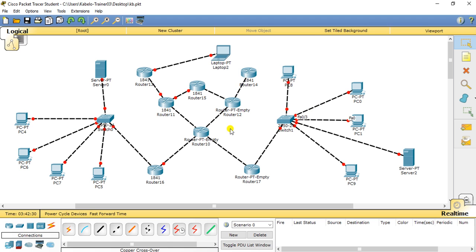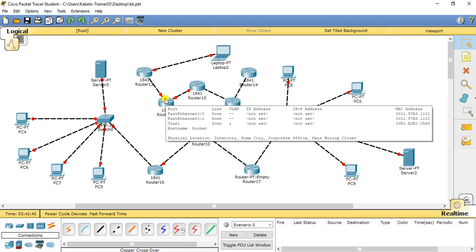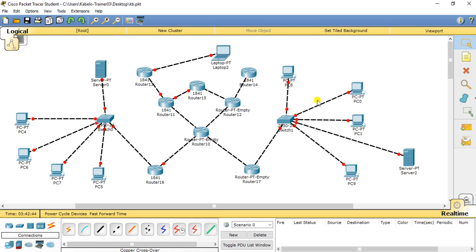These routers are in Europe, maybe London, United States, Asia, Ghana, and so forth. So this user wants to connect to the United States, for instance.